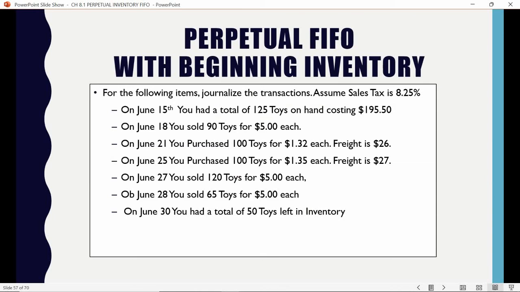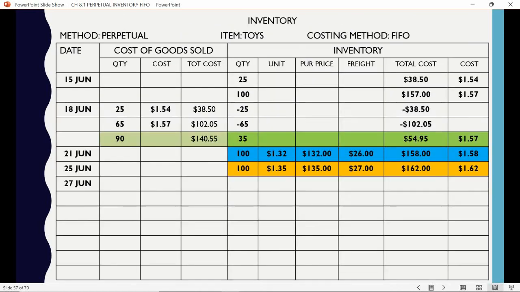So then on the 27th, you end up selling 120 toys. We need to take a look at my batches of inventory. 120, that means I need to dip into my green batch and I need to dip into my blue batch.